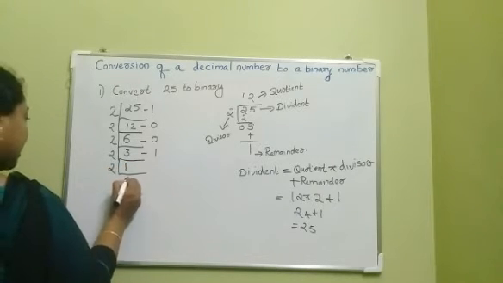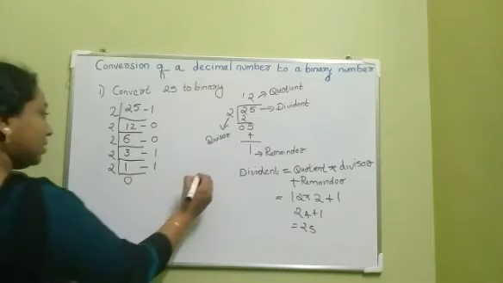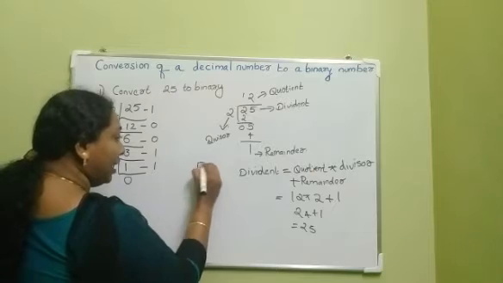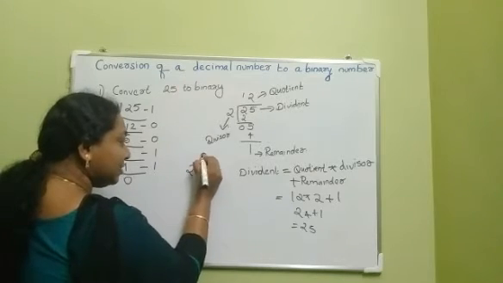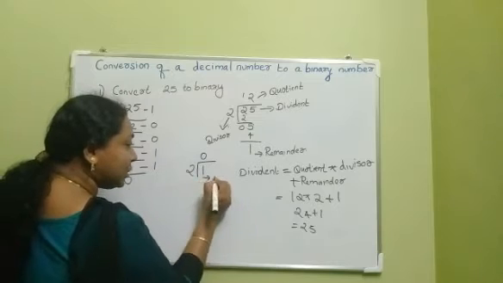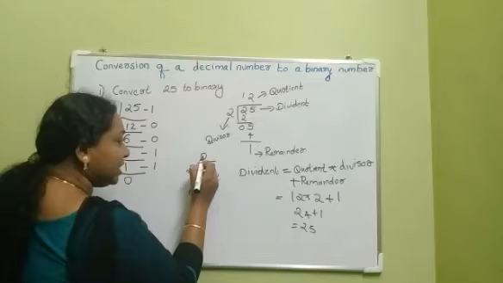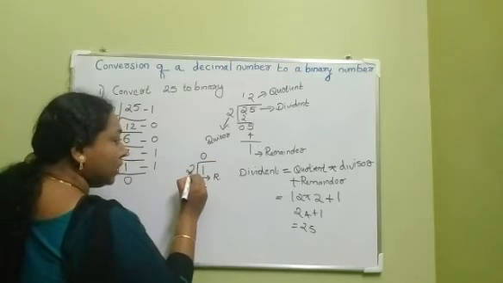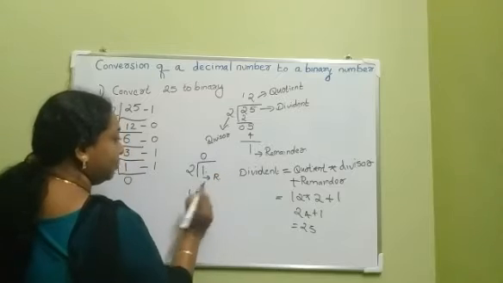The quotient is 0 and the remainder is 1. Dividend 1 equals quotient 0 into 2, that is 0 plus 1, equal to 1.